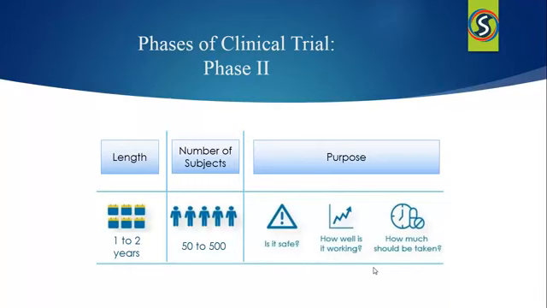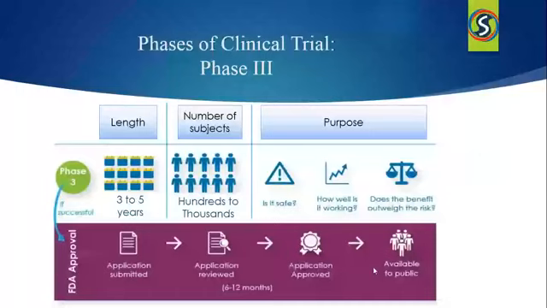Now, the next phase is phase 3. It takes about 3 to 5 years to complete. In this phase, we target for the larger number of groups of diseased patients. We will check the safety and efficacy, but also we check whether there is any risk in the larger group.